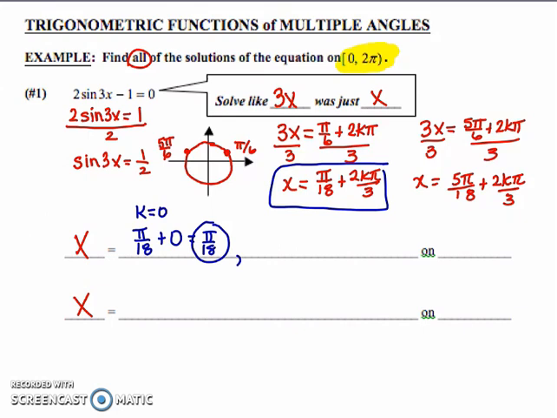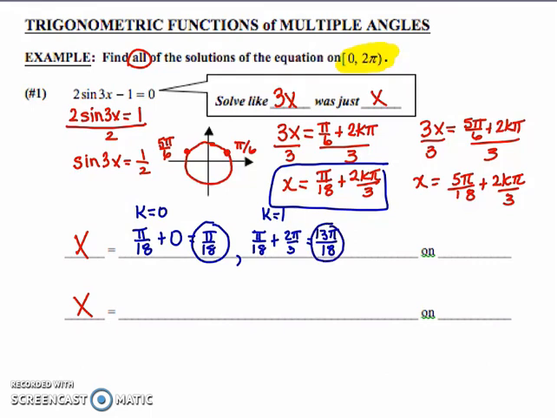My second solution would be if k equals 1. Then this would become pi over 18 plus 2 times 1 times pi over 3, which is just 2 pi over 3. If I simplify that by making a common denominator, changing 2 pi over 3 into 12 pi over 18, then this becomes 13 pi over 18.